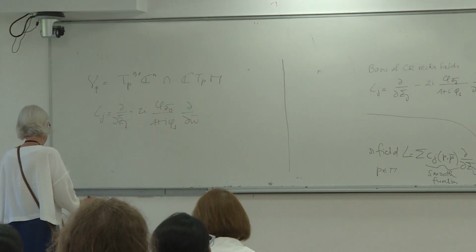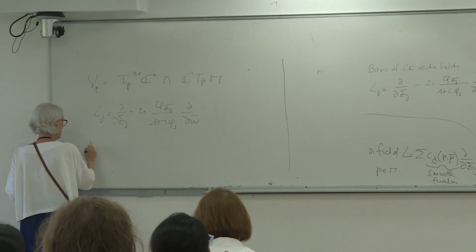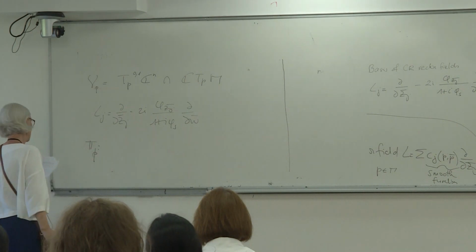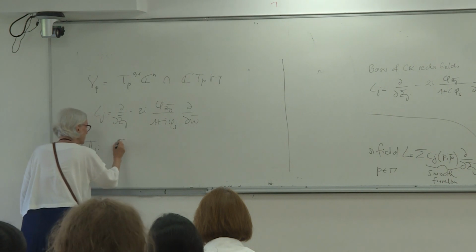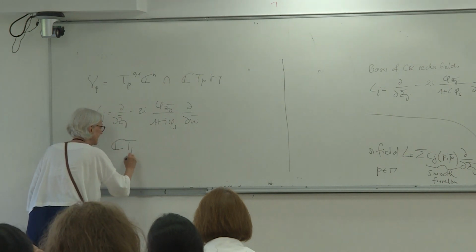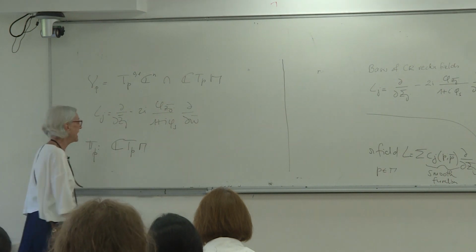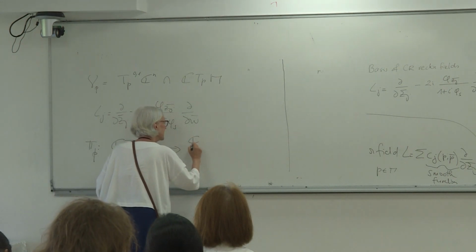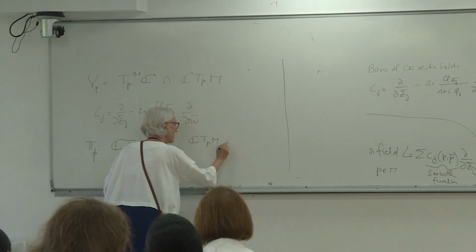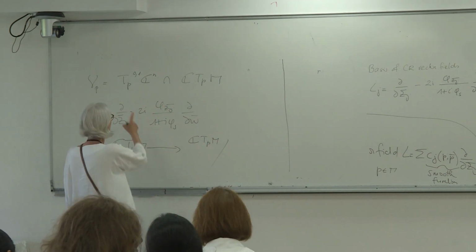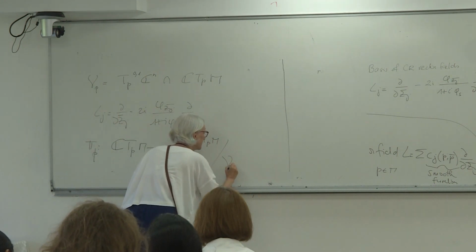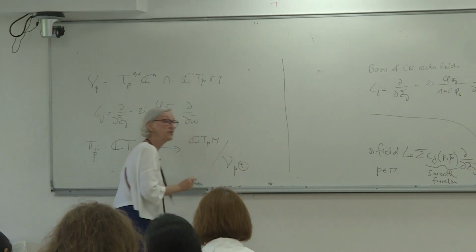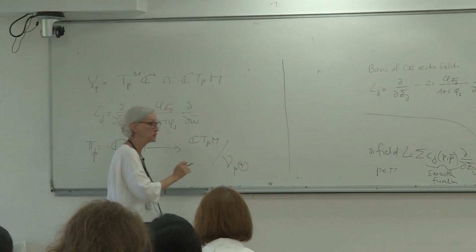Now, let's consider the following projection. You take CT_p M, the complexified tangent space, and you go to CT_p M modulo nu p direct sum with the conjugate of nu p.